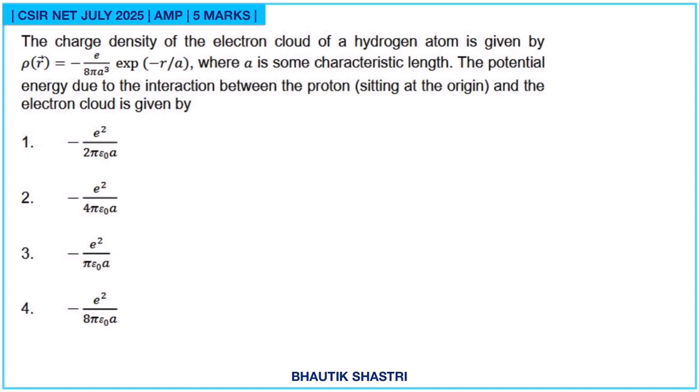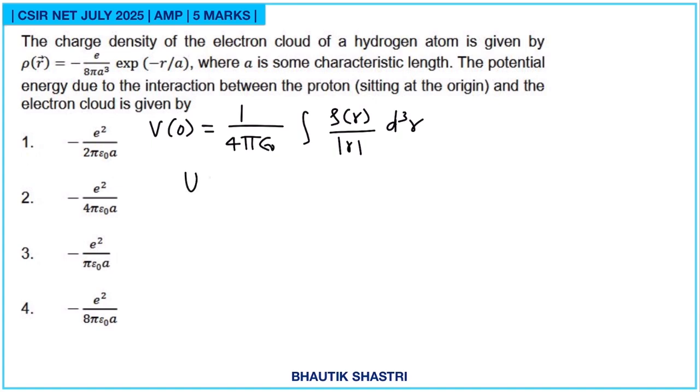Now potential at the center, that is V of 0, is equal to 1 upon 4 pi epsilon naught integration rho of r upon mod of r d cube r. The potential energy of the proton in this potential, that is U, is equal to charge on the proton, which is e, into the potential.